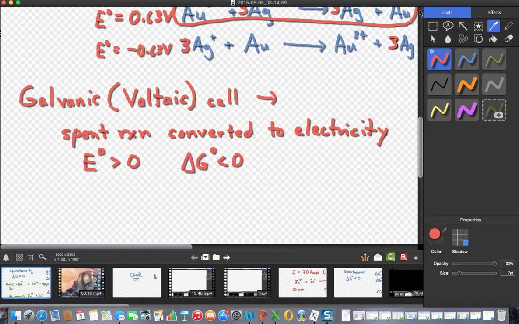All right, so the other type of cell that we encounter is called an electrolytic cell.